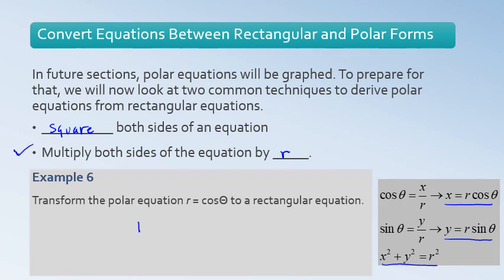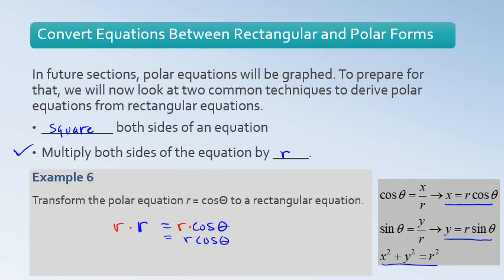Step 2 says to multiply both sides of the equation by r. So if I take r equal to cosine theta and I multiply the left by r, then I have to multiply the right by r. Now why do you suppose I wanted to do that? Well, on the right I get r cosine theta, and r cosine theta looks familiar to me.